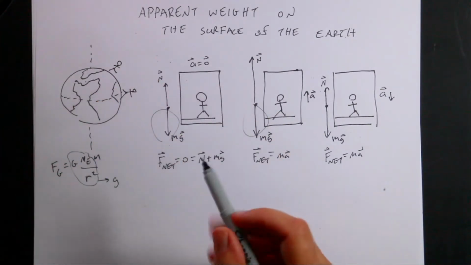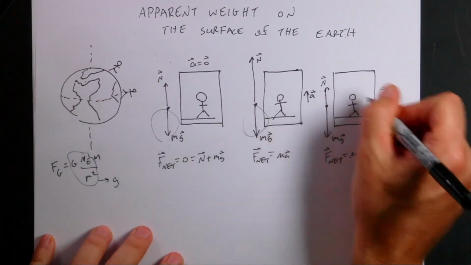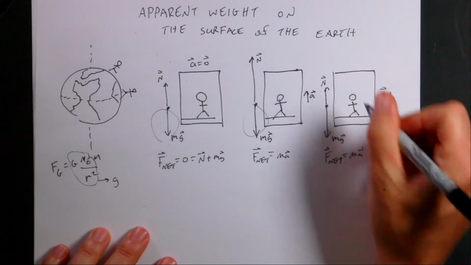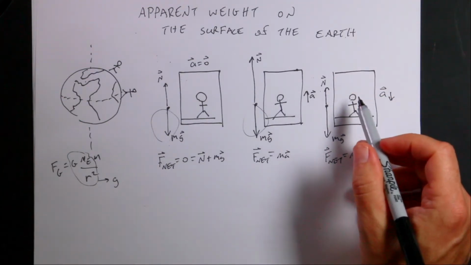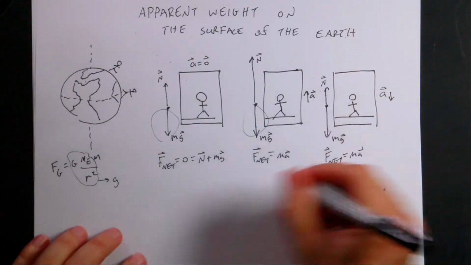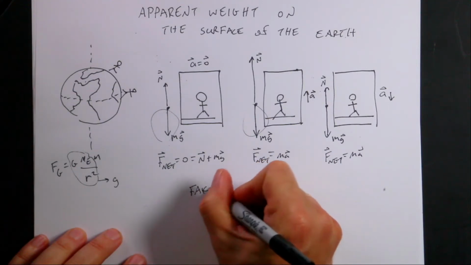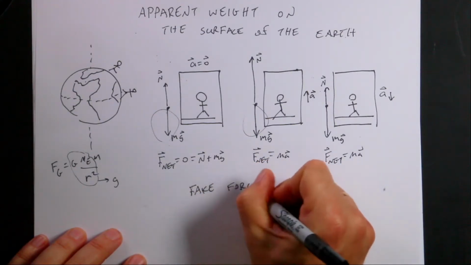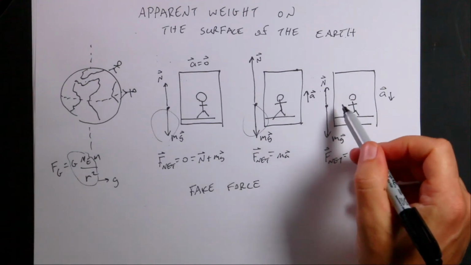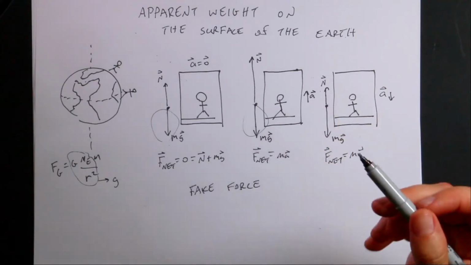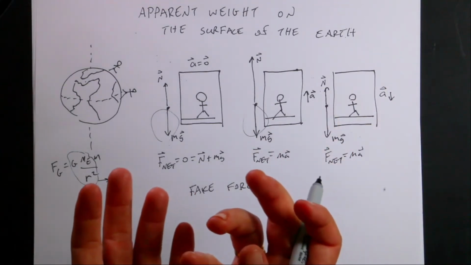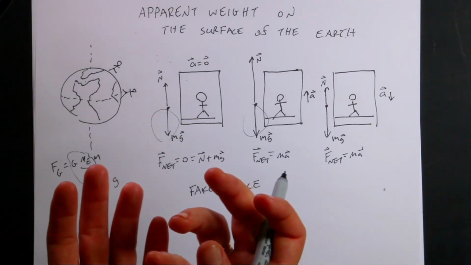Okay. But one of the ways we can deal with this, let's take this back. Let's make a fake force. Because suppose you are in the elevator and you feel this greater gravitational force, but you're staying at rest.